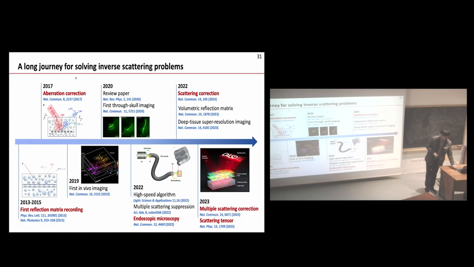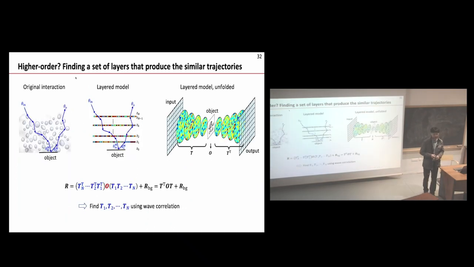Okay, so now I'm going to talk about multiple scattering. The scattering medium will give rise to multiple bendings. Okay, so in order to trace this, one way is to find multiple phase plates that produce a similar light trajectory as the original scattering medium. If you are able to find them, then you can claim that you could solve the higher-order inverse scattering problem.